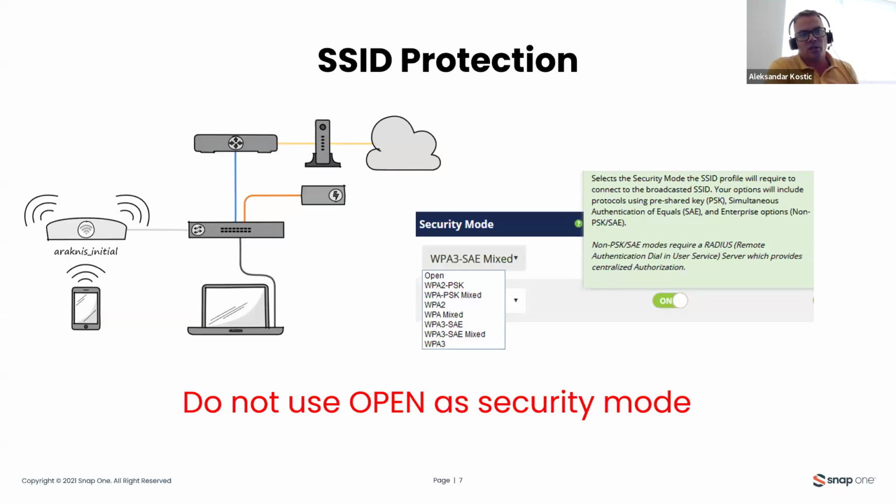WPA2 is, let's say, a generation behind WPA3, and as it is an older protocol, it is less secure than WPA3. So what we always tend to do is to have the security of our wireless network at the highest possible level. So we would use WPA3 whenever possible.